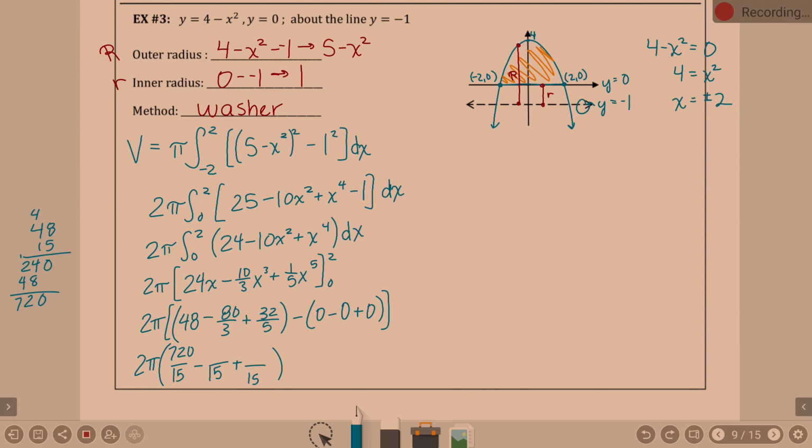Where there's a will, there's a way. 720. I did it. And honestly, really the 720 is the only one I need to do on paper. The others I could do in my head.